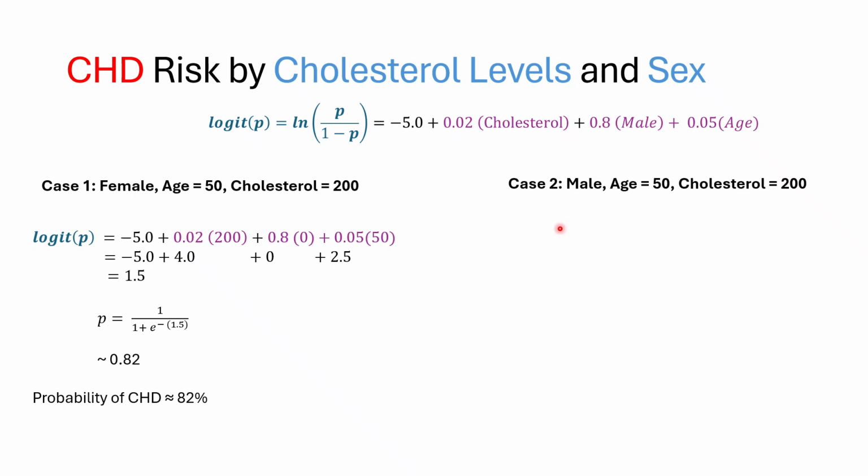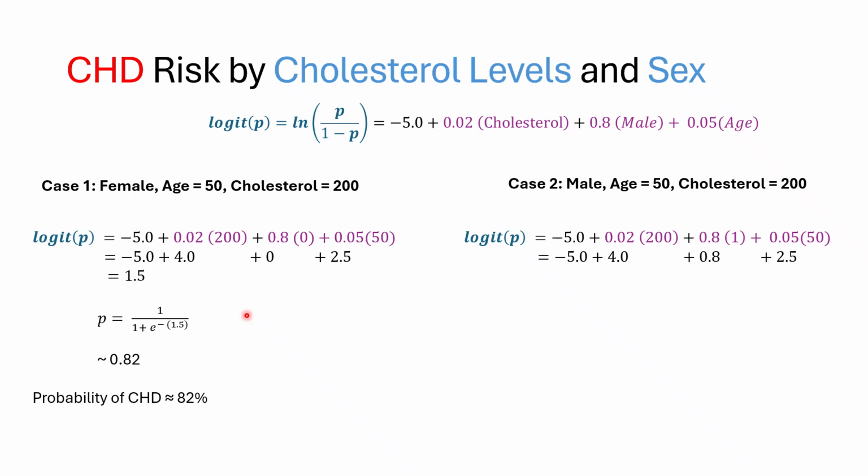Okay. Similarly, if we are measuring the probability of chronic heart disease in a male age 50, cholesterol 200, then our equation will look something like this. The only difference over here is that now we are multiplying it by 1, because now this is the comparison of male to the reference value of female. So our calculation will slightly change.